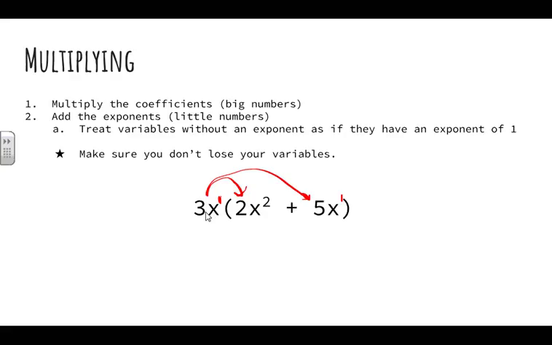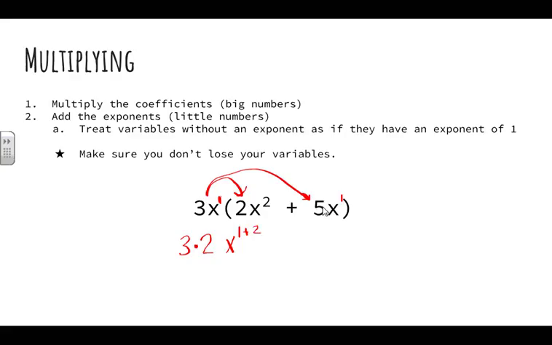So 3x to the first power times 2x squared is going to look like this, just so you see the math and what's happening. You multiply your coefficients, so it would be 3 times 2, and then x to the 1 plus 2.